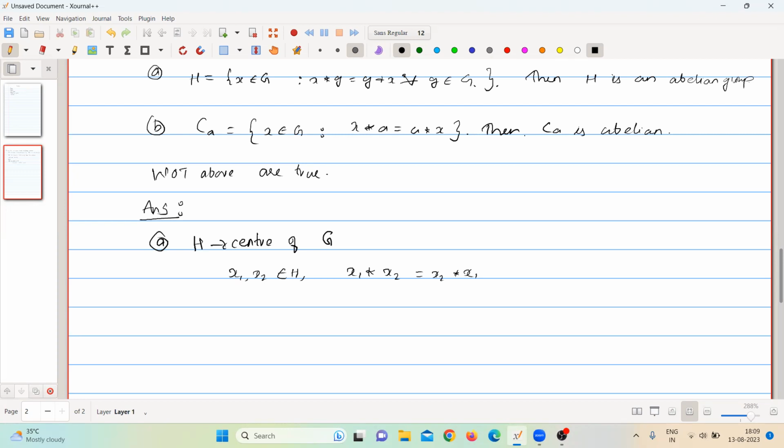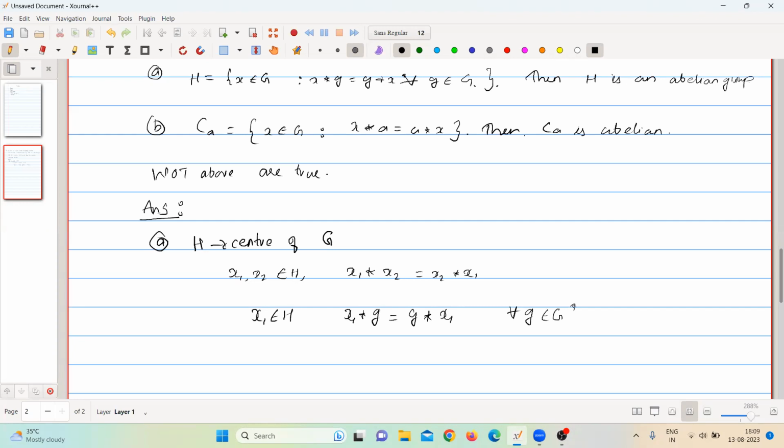H is defined to be the set of all elements such that x star g equals g star x. For example, x1 in H means x1 star g equals g star x1 for all g. Correct?